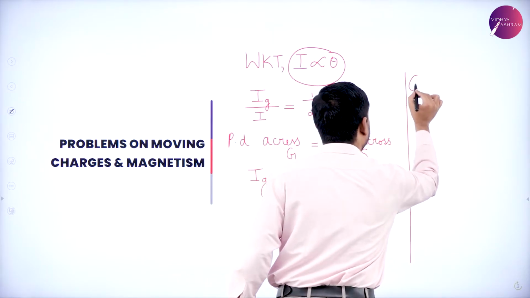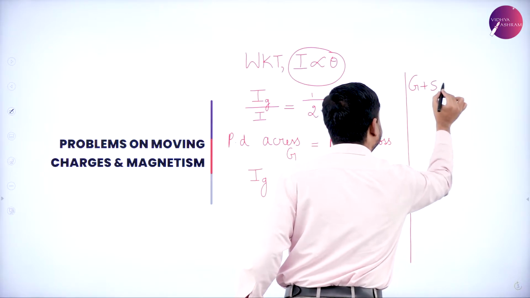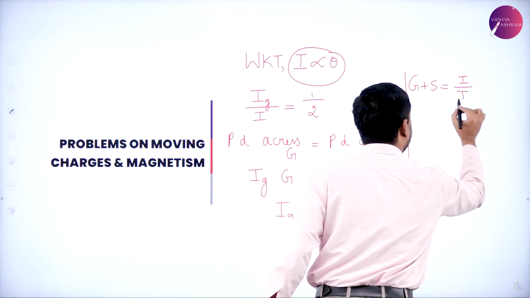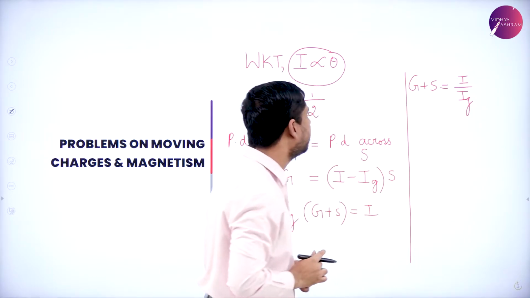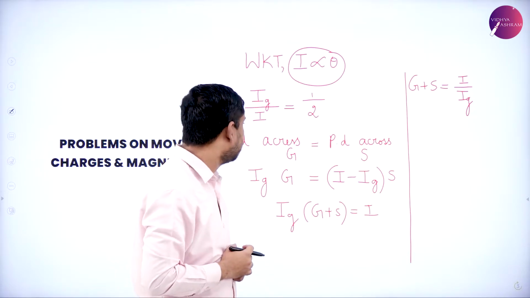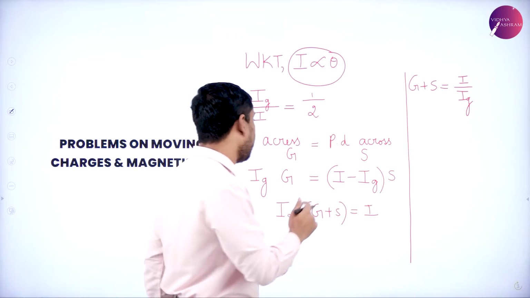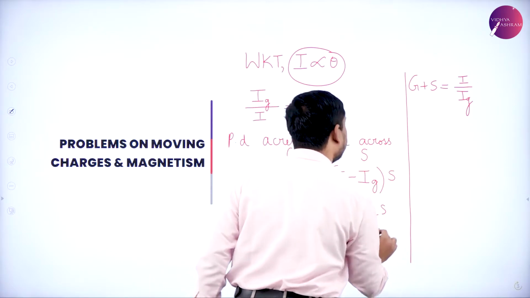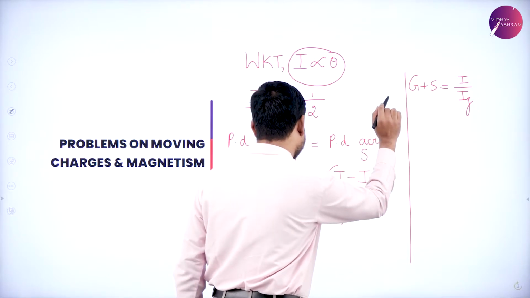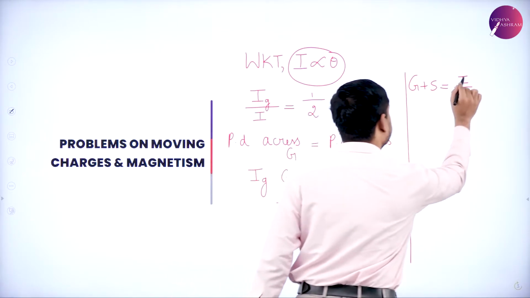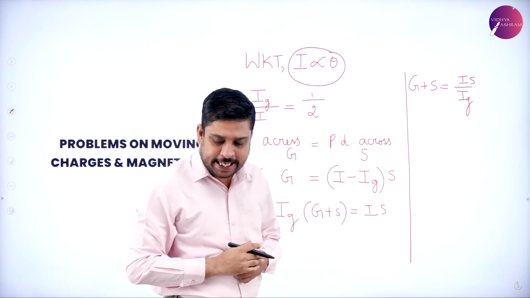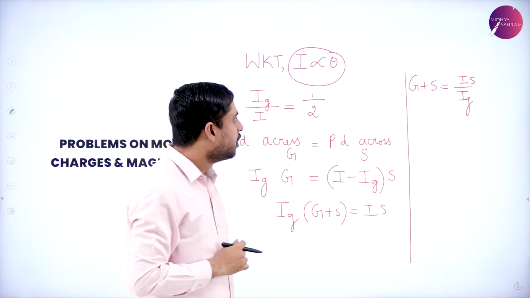So, G plus S is equal to I by Ig. But we know Ig by I, so we have S here. So, G plus S is S by Ig by I. So G is required here.